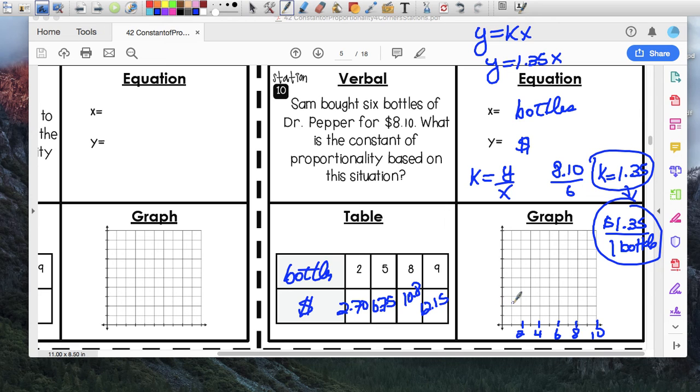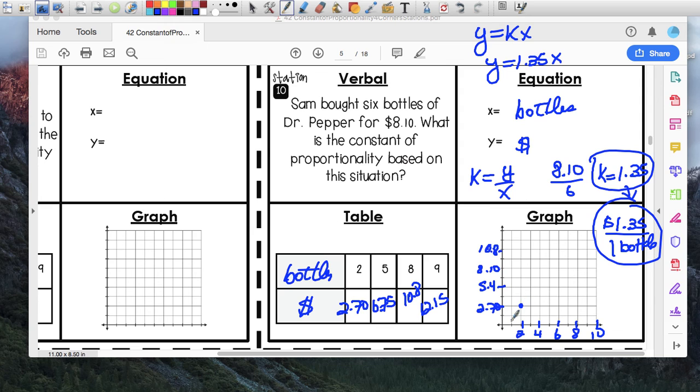And here, this is going to be 1.35, 2.70, then 5.40. Another 2.70 is going to be 8.10. Another 2.70 is going to be 10.80. And so forth. So 2 bottles is 2.70.